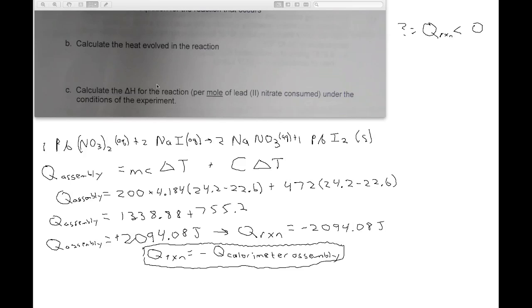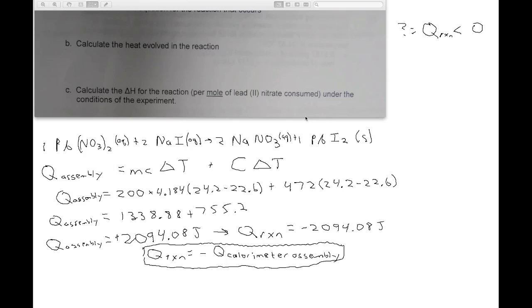Okay. Now I think we need part C. Try part C. I can't see it. Calculate the delta H for the reaction per mole of lead-2 nitrate consumed under the condition of the experiment.